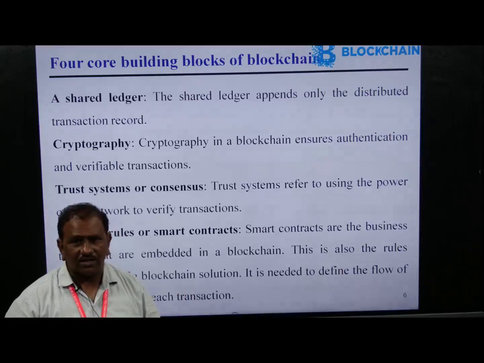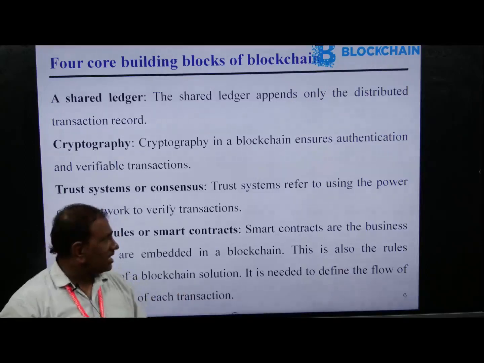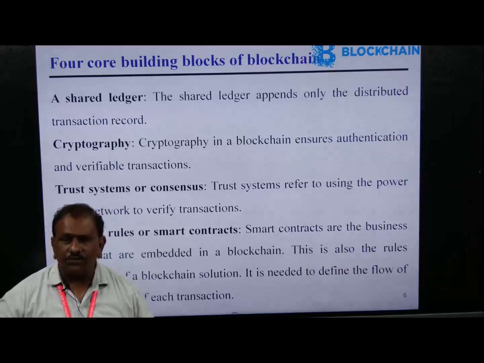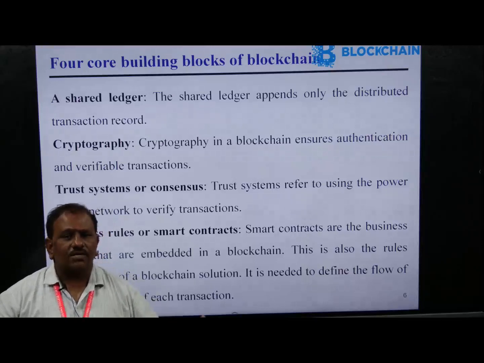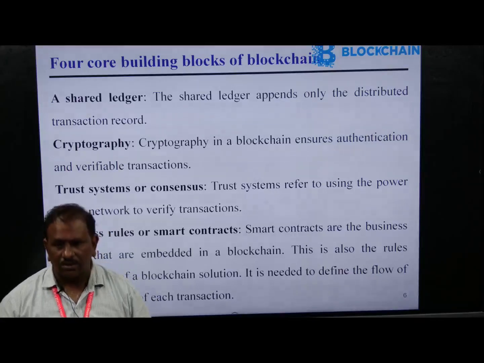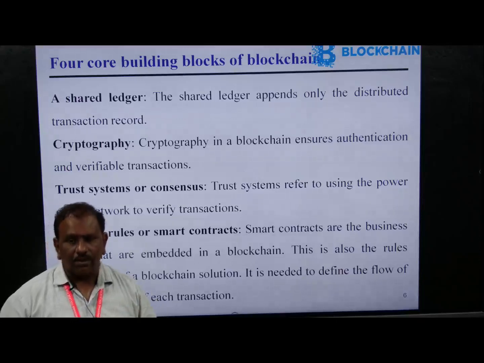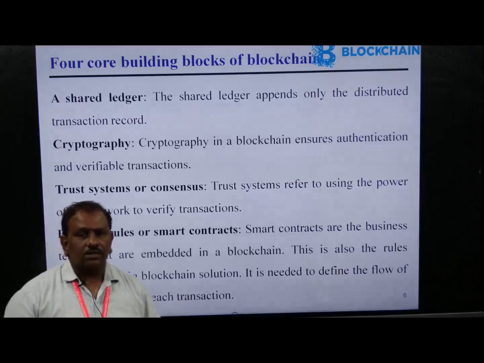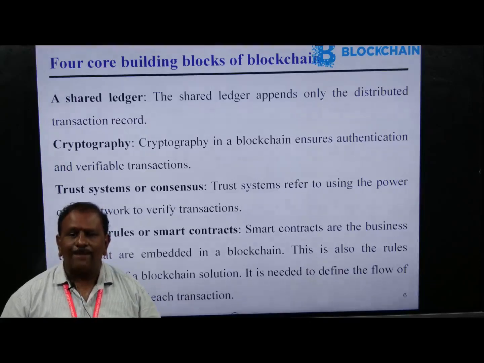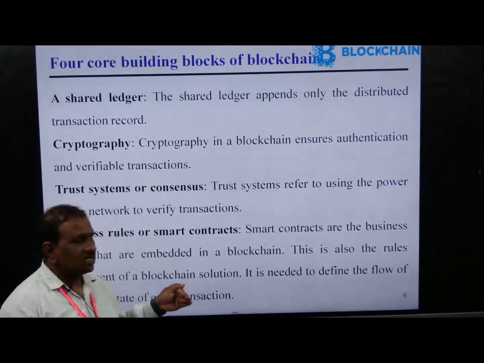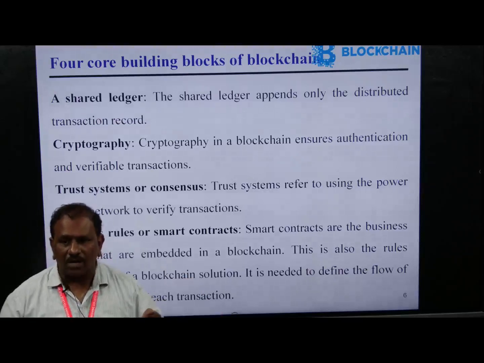What is the meaning of it? A smart contract is nothing but a program, which we write similarly to C or C++ or Java. Here also we can write our own program and deploy it on a blockchain. That is what we call a smart contract.